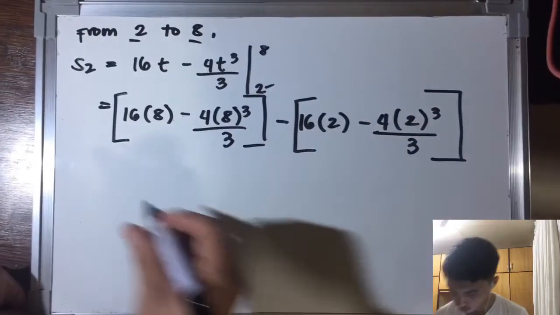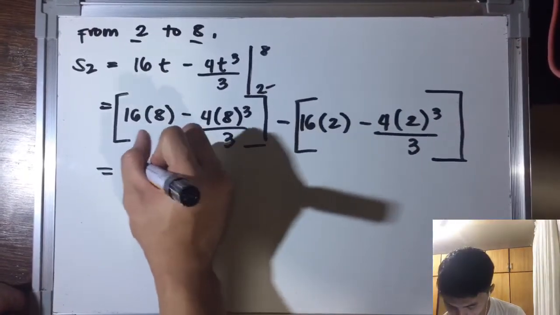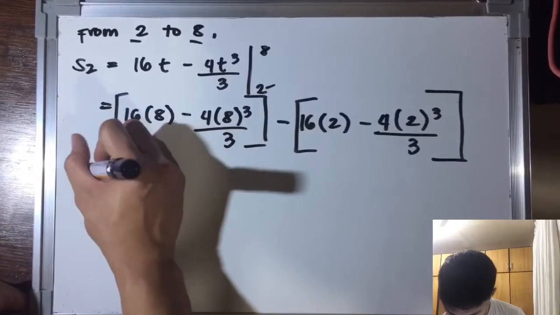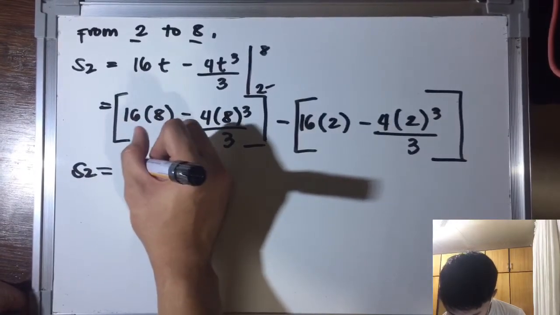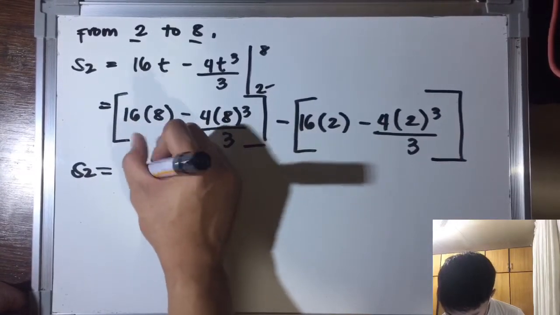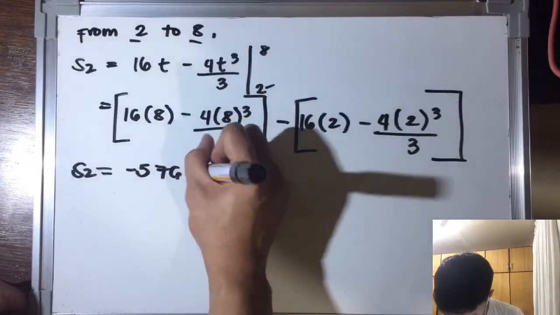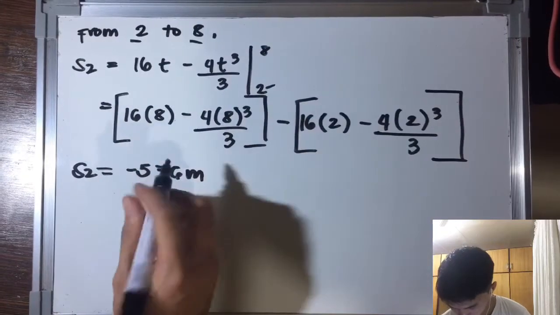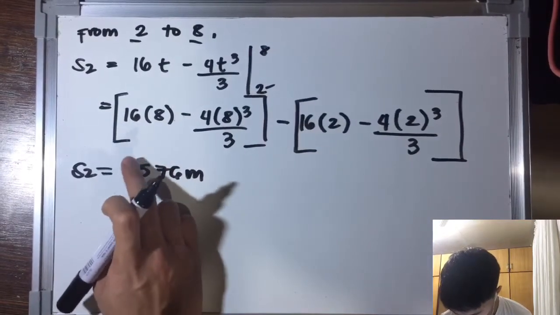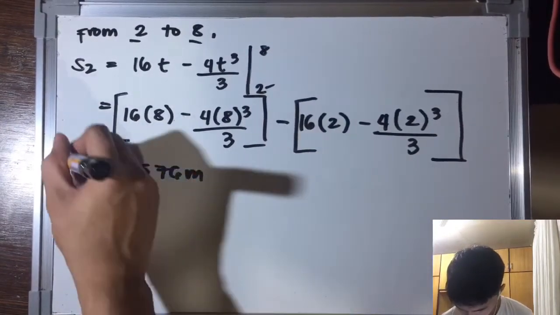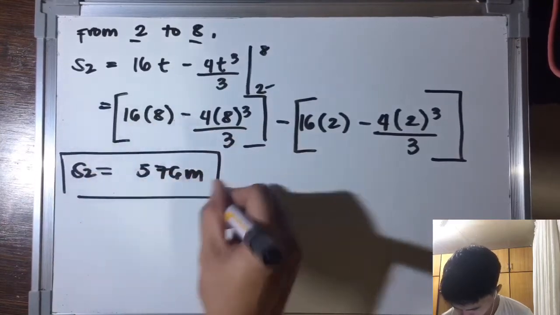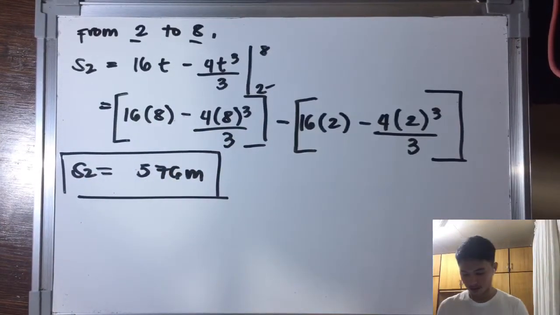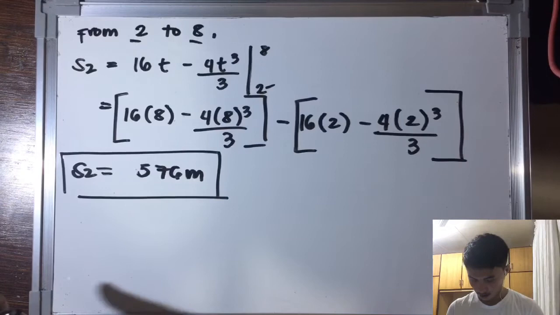Calculating this will give us S2 equal to negative 576 meters, or simply 576 meters. So that is our second position.